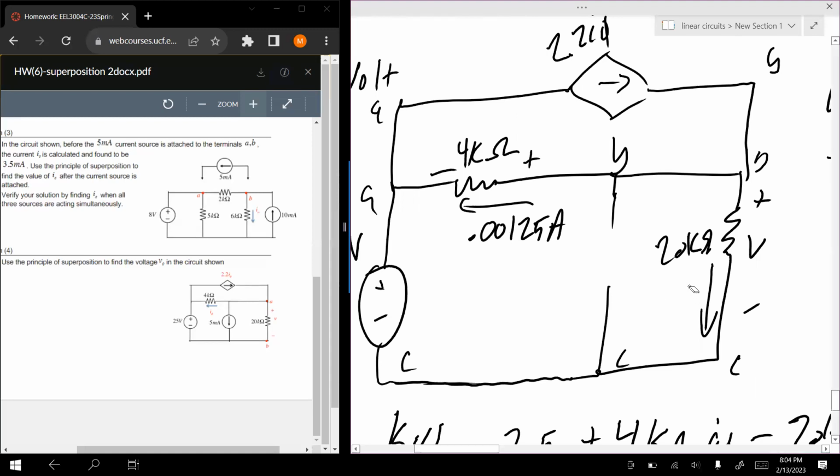That is going to equal 0.0015 amps. And then this value up here, the 2.2 I phi, that is going to equal 0.00275.